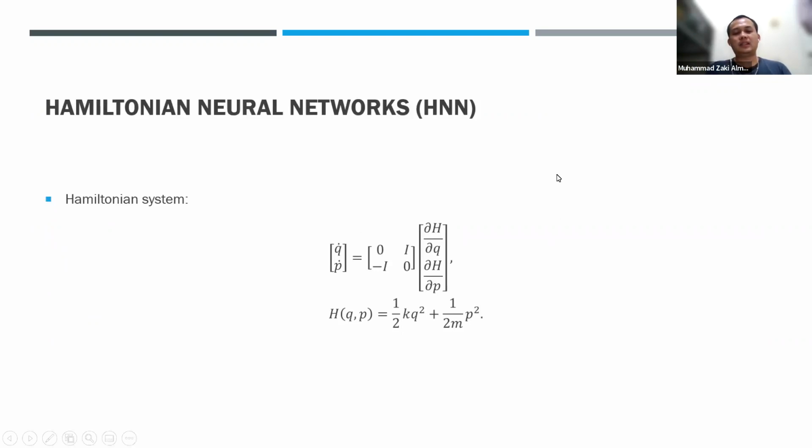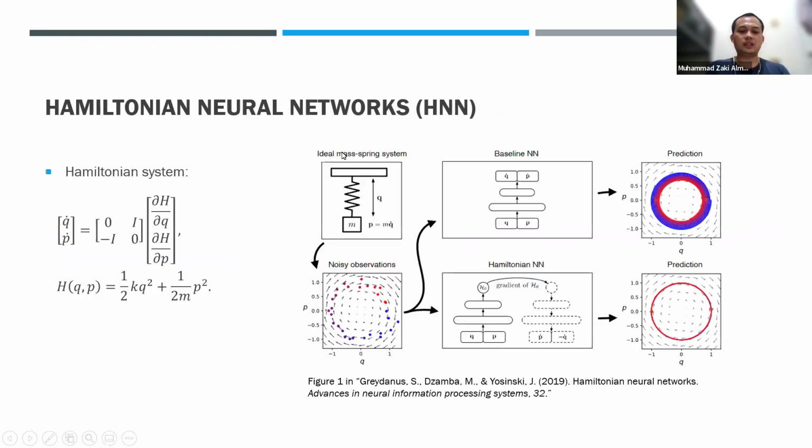And what is actually a Hamiltonian neural network? In this case, there's a paper by Greidanus. They try to solve the ideal mass spring system, but through neural networks.